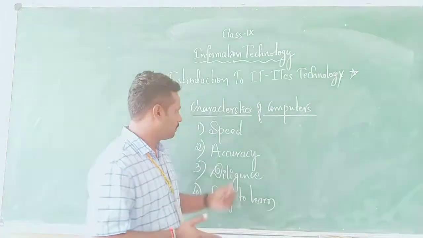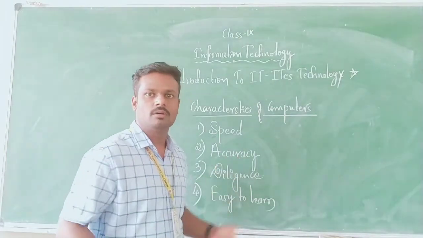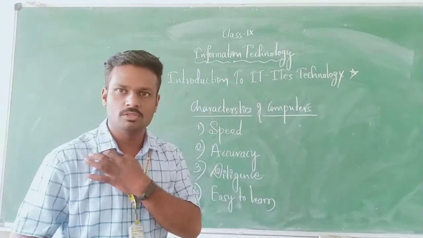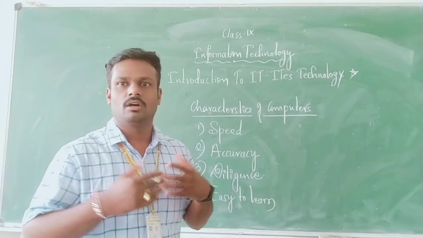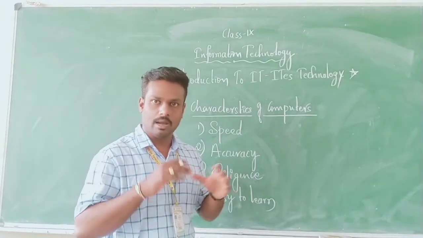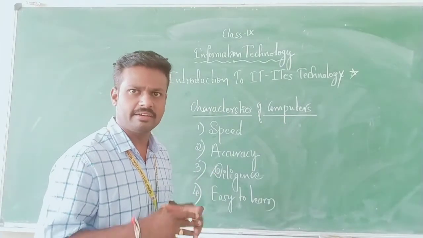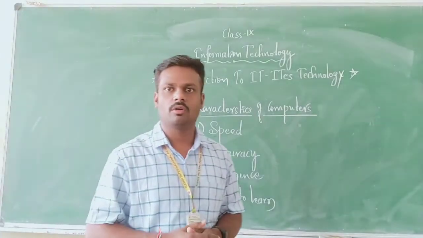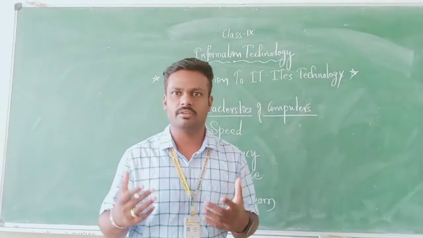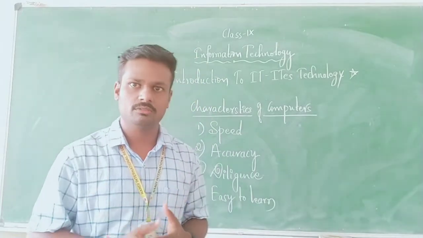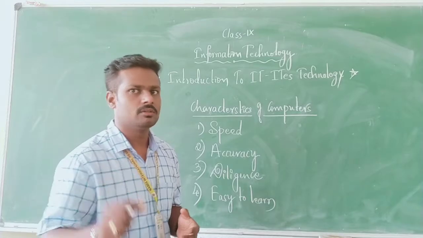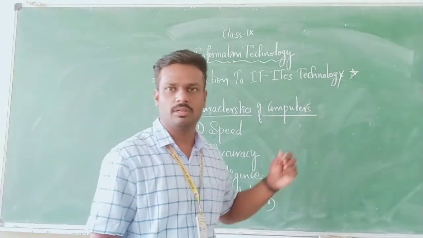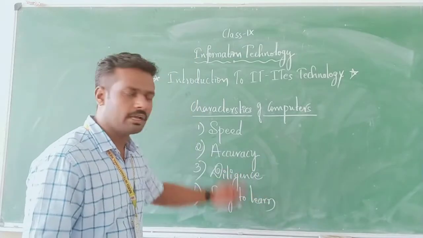Because of this accuracy, in most fields, such as the banking system, we use computers. Suppose we need to calculate the interest, the amount credited or debited, the percentage, or the average. We need accuracy. So your computer has these characteristics: speed and accuracy.